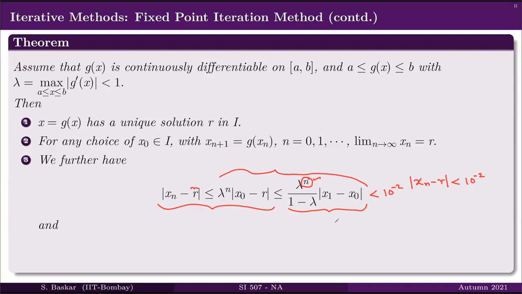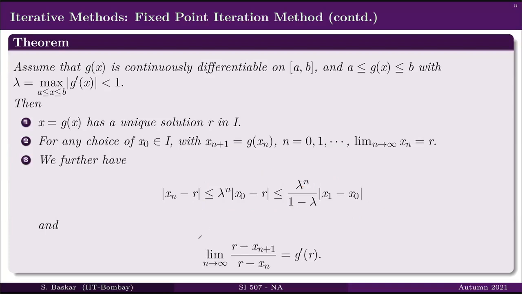And not only that, we also have this result. If you recall, similar results were found in the secant method as well as in the Newton-Raphson method. And from here, you can conclude that the order of convergence of the fixed point iteration method is at least 1. That is what this says, right?